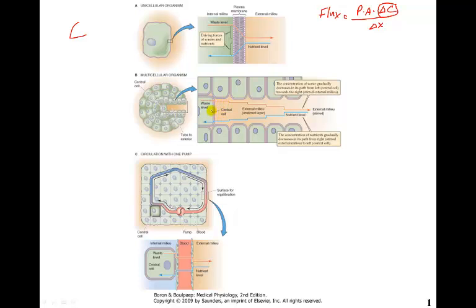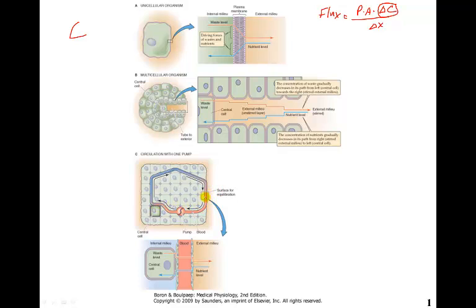So diffusion by itself won't really work. You can't just hope that the fluid will flow in and out the way you want. Instead, what most multicellular organisms of any significant size do is construct a system for moving fluid to the center of the organism.